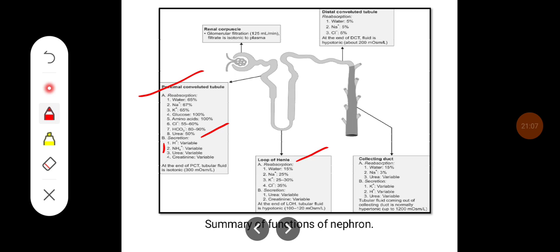The loop of Henle helps in absorption of water, sodium, potassium, chloride, and it secretes urea and creatinine. Whereas the distal convoluted tubule mainly reabsorbs water, sodium, chloride, and the collecting duct helps in reabsorption of water, sodium, urea, and it also secretes potassium, hydrogen, urea, depending on the situation.